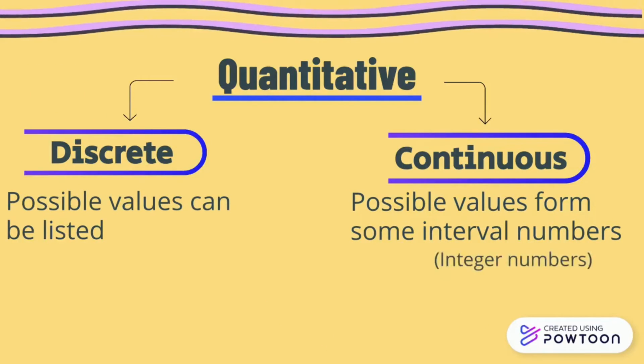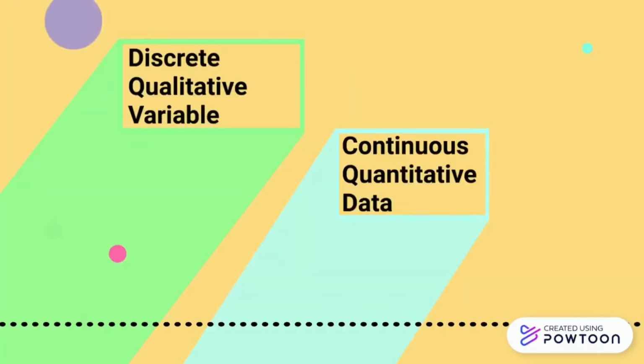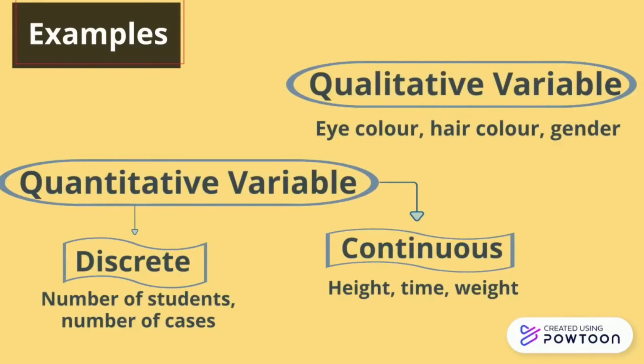Examples of a qualitative variable are eye color, hair color, and gender, while discrete quantitative variables can be the number of students or number of cases, and continuous quantitative variables can be height, time, or weight.